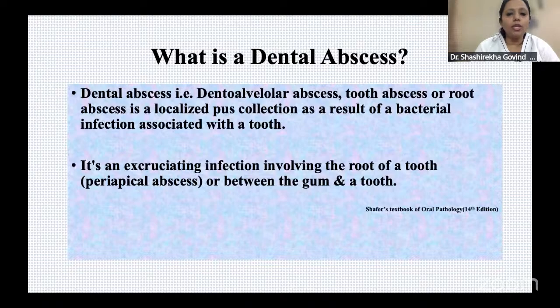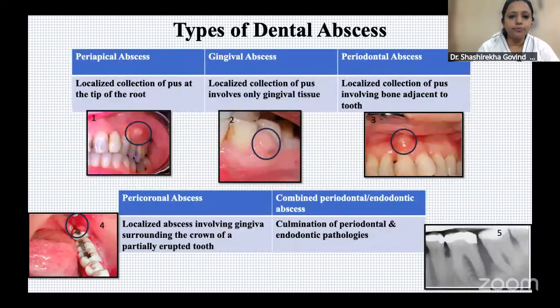Coming to what a dental abscess means, a dentoalveolar abscess, tooth abscess, or root abscess is a localized collection of pus as a result of a bacterial infection associated with the tooth. It presents as an exuding infection involving the root of the tooth or the area between the gums and the tooth.